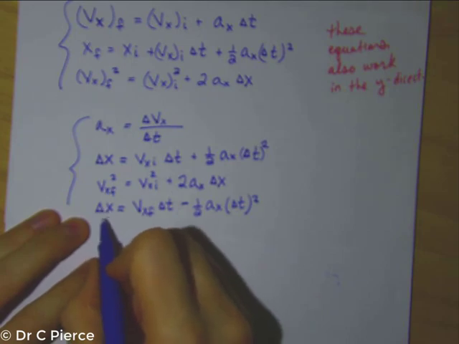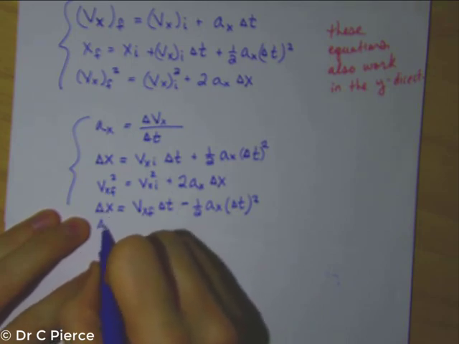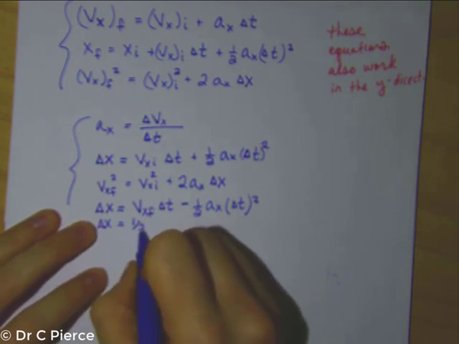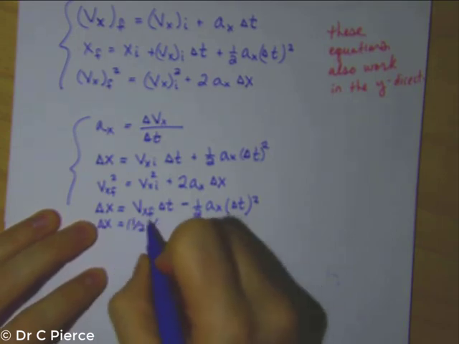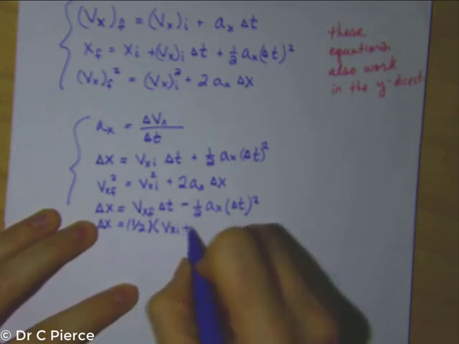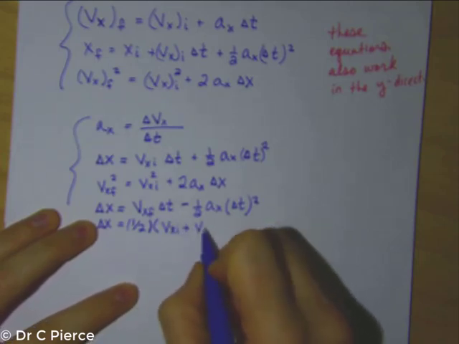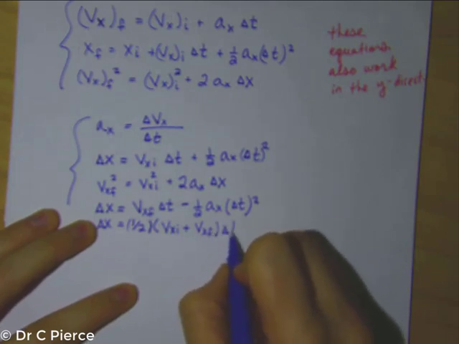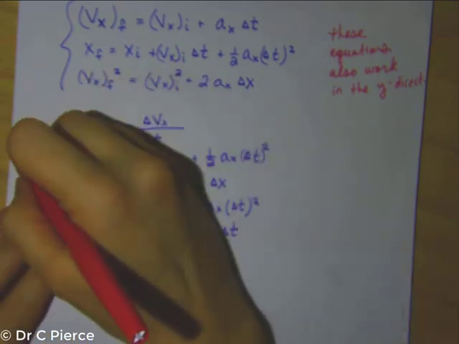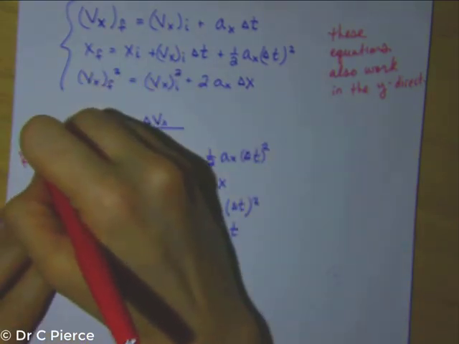And the last one is going to be the displacement is going to be equal to 1/2 times the initial velocity plus the final velocity times the time interval. So I'm going to label these as our kinematic equations.